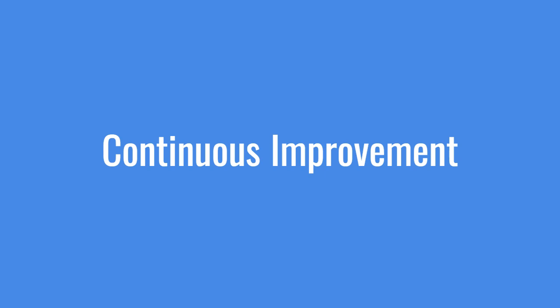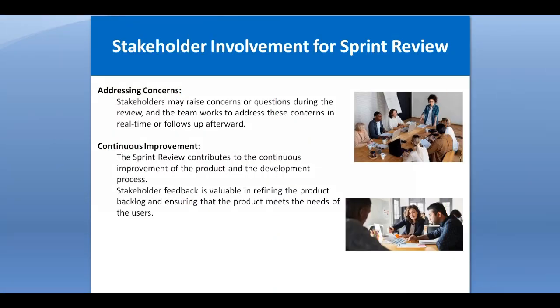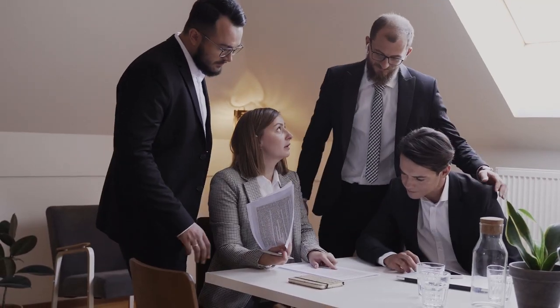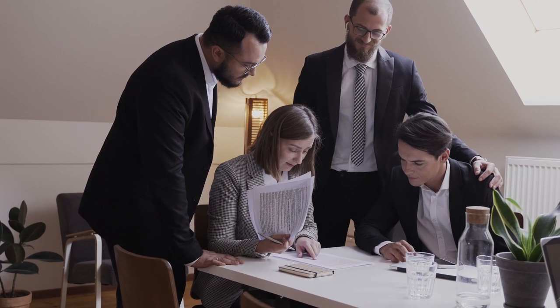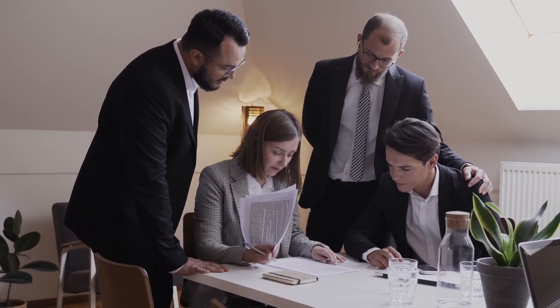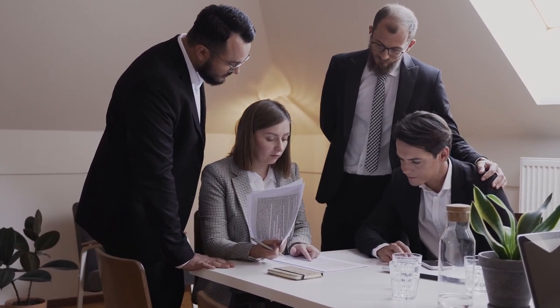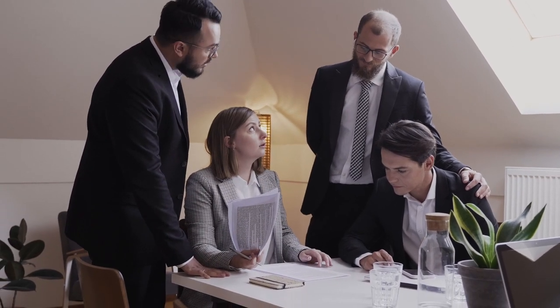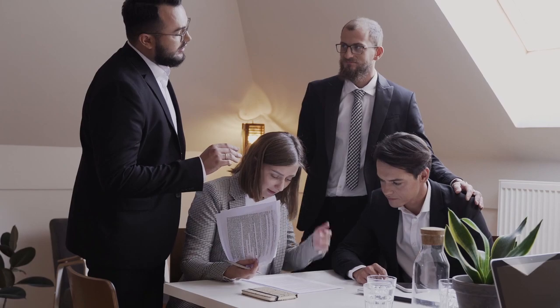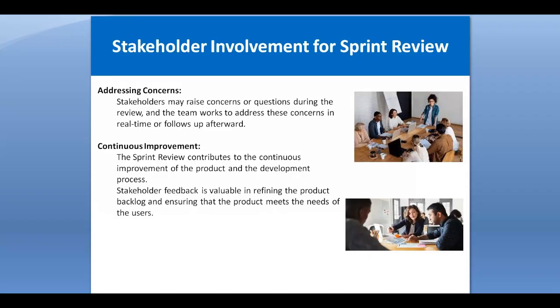Sprint review is the best opportunity for continuous improvement of the development process. Stakeholder feedback is valuable in refining the product backlog and ensuring that the product meets the needs of the users. Here, friends, stakeholder feedback is very important for continuous improvement, and it is a great opportunity.